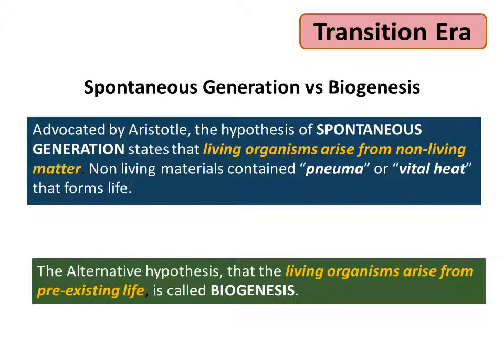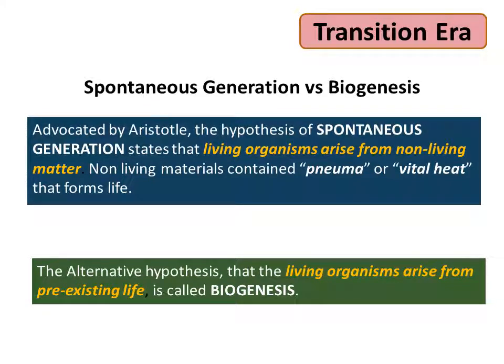The transition era was the time when the debate between spontaneous generation and biogenesis got heated up. Spontaneous generation, advocated by Aristotle and his followers, had several hypotheses. All were based clearly on observations, as they saw that wheat lying in a storeroom had rats after some days, and a shirt full of sweat attracted flies.